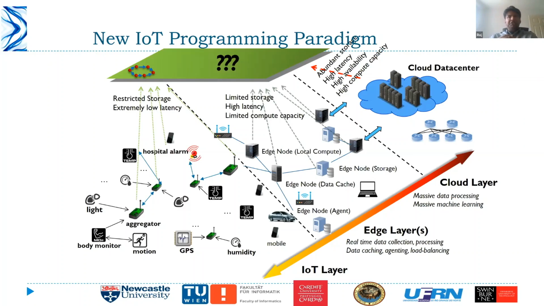Most of the research available in application orchestration in cloud computing only deals with the cloud layer. They don't deal with the edge and IoT layers in terms of orchestration of data and resources. That brings up the motivation that we need a new IoT paradigm that can bring all these three layers together and still make sure that the data we need is always available to the analytics engine that could be deployed either at the edge layer or the cloud layer.